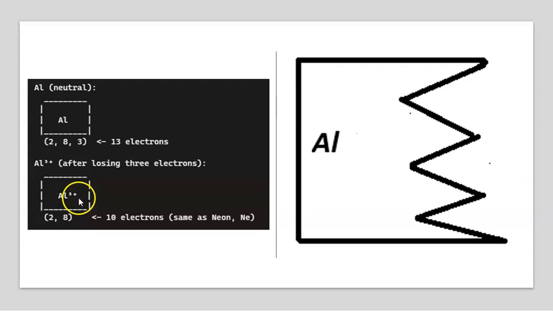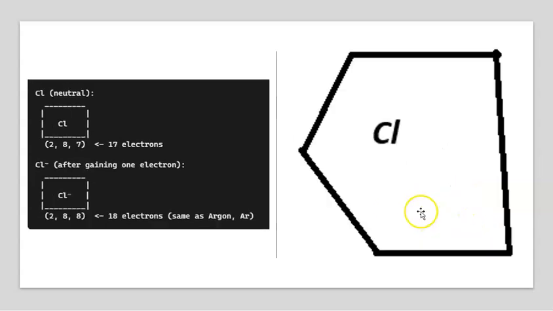Aluminum loses 3 electrons, then I make 1 electron, 2 electrons, 3 electrons. But chlorine needs an extra electron. It's easier for chlorine to gain 1 electron and get 8 electrons.